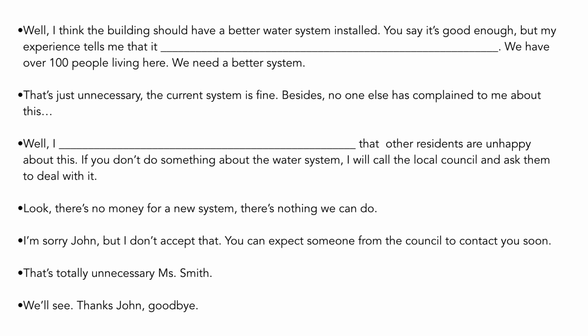We have over 100 people living here. We need a bit better system. That's just unnecessary. The current system is fine. Besides, no one else has complained to me about this. Well, I know for a fact that other residents are unhappy about this. If you don't do something about the water system, I will call the local council and ask them to deal with it. Look, there's no money for a new system. There's nothing we can do. I'm sorry, John. I don't accept that. You can expect someone from the council to contact you soon. That's totally unnecessary, Miss Smith. We'll see. Thanks, John. Goodbye.